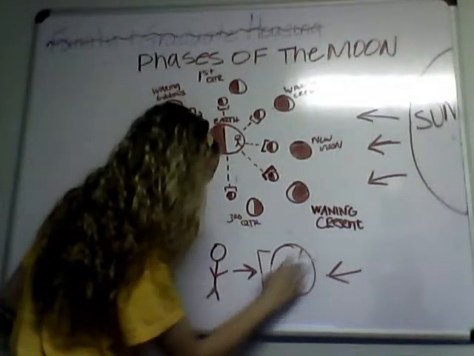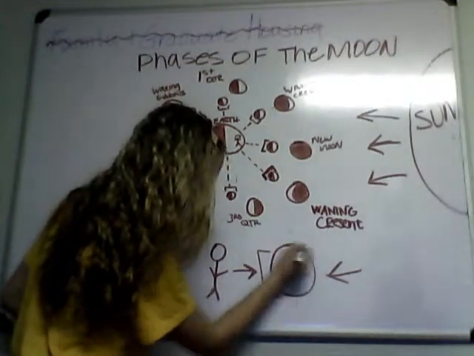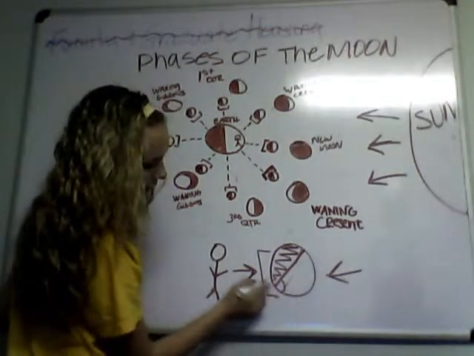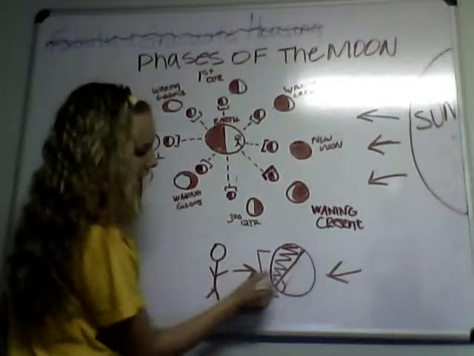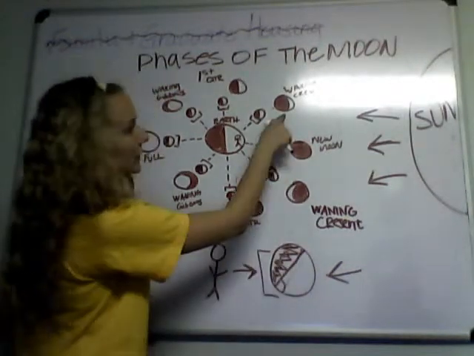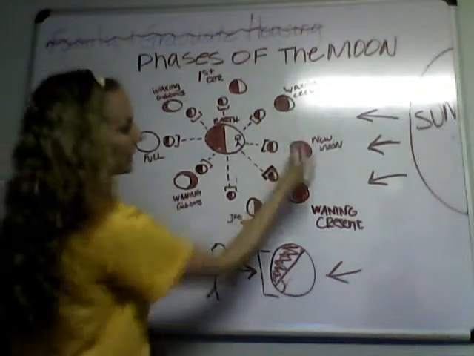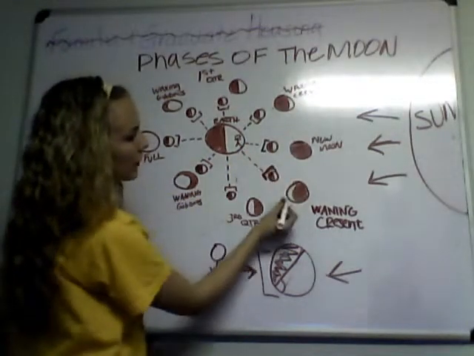Oh, a little bit less. Sorry. So this is dark, and you're going to see just a little bit of this light right here, but it's much less than half. That's how you end up seeing this view, and this is how it would look if you were looking in the night sky. So again, it's a crescent, but it's just on the opposite side.